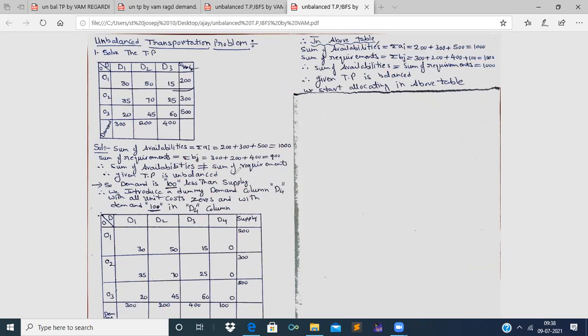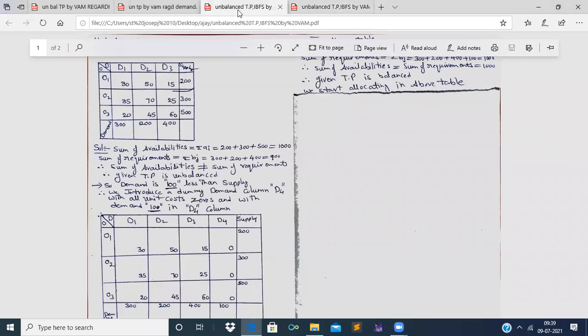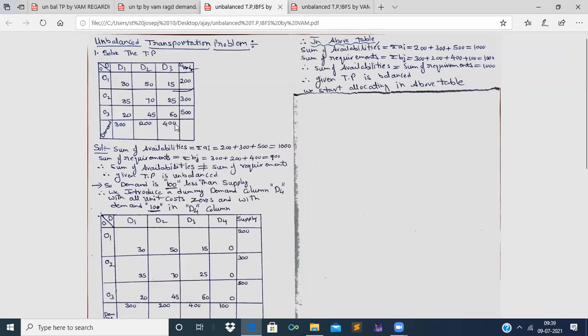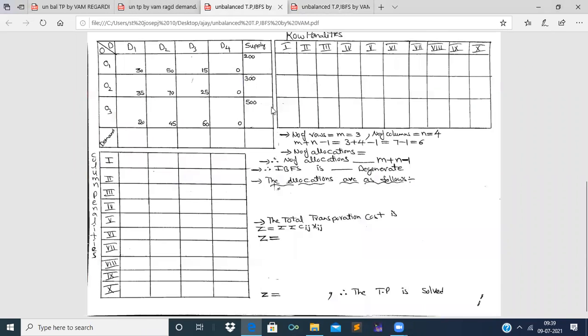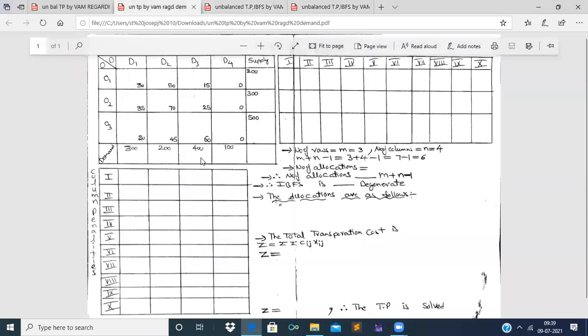Now I will change the table. Why? Because we need penalties. Now this is the problem. See here, the same problem I have taken, right?